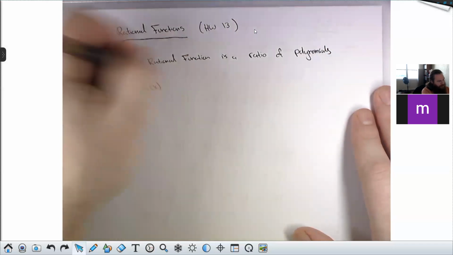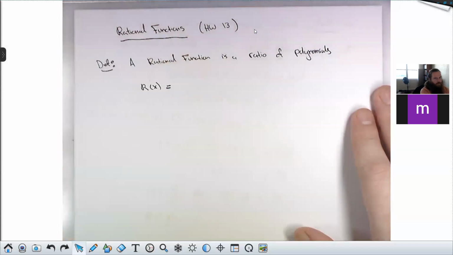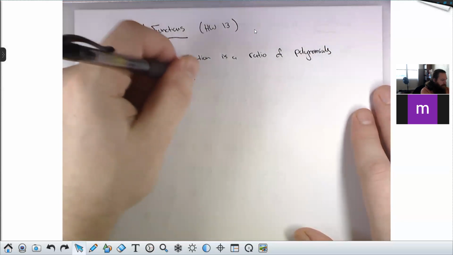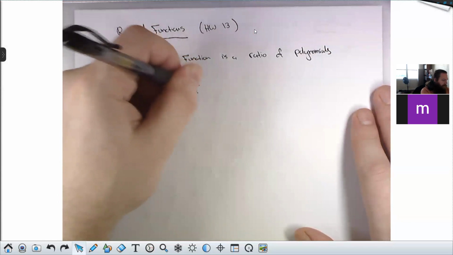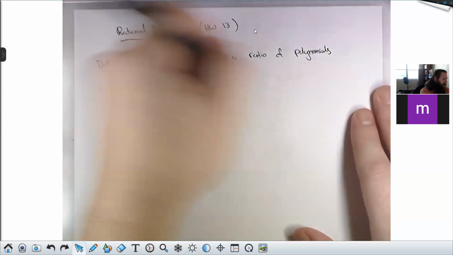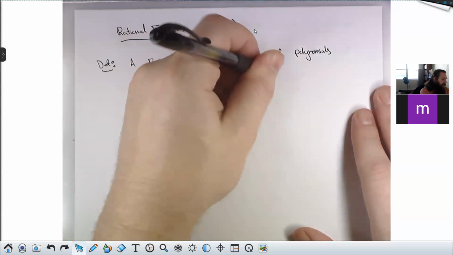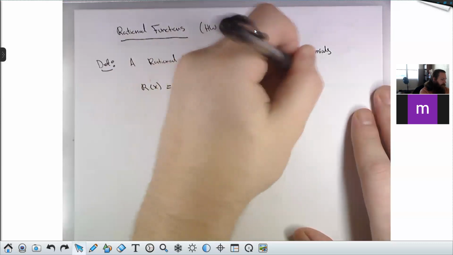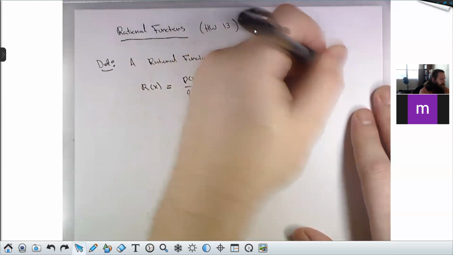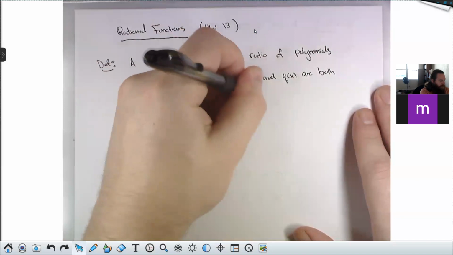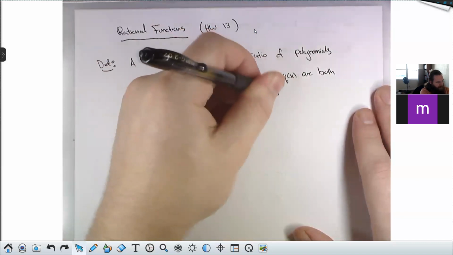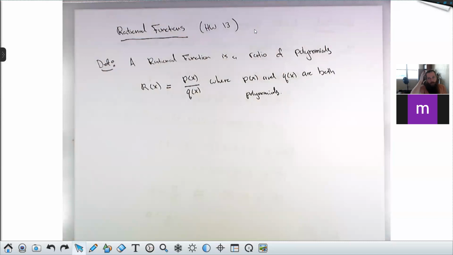So something like r of x, I'll use r for rational, r of x is p of x over q of x, where p of x and q of x are both polynomials. So in short, these are fractions made up of polynomials. Anything that you can get by dividing one polynomial by another polynomial is a rational function.